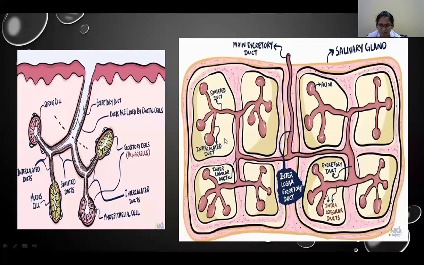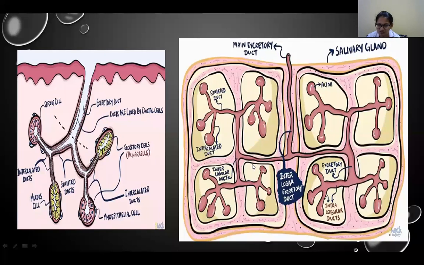Whereas the excretory duct, this is the excretory duct, is called the interlobular duct. The interlobular duct is the excretory duct, whereas the intralobular ducts are the striated ducts and intercalated ducts.